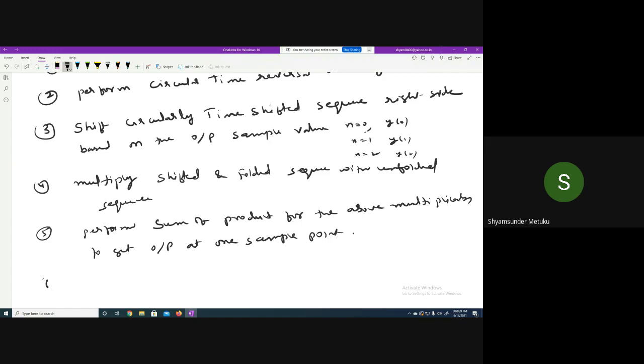Then repeat steps 3 to 5 for the remaining output samples.